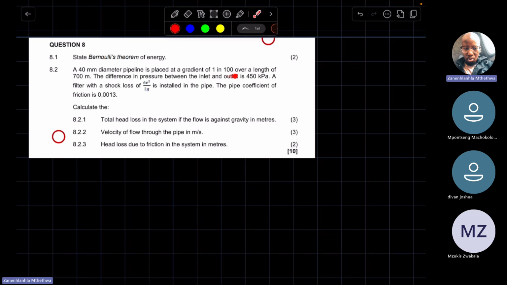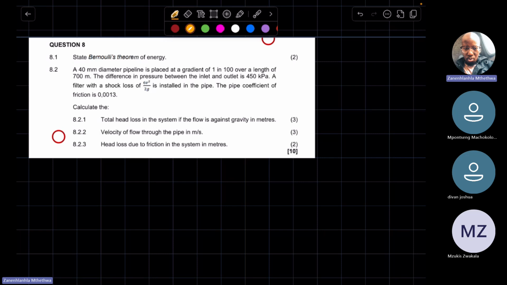The difference in pressure between the inlet and outlet is 40 kilopascals. A filter with a shock loss is installed in the pipe. The pipe coefficient of friction is 0.0013. Calculate. All right, let's calculate all this. So let's write down our given data.